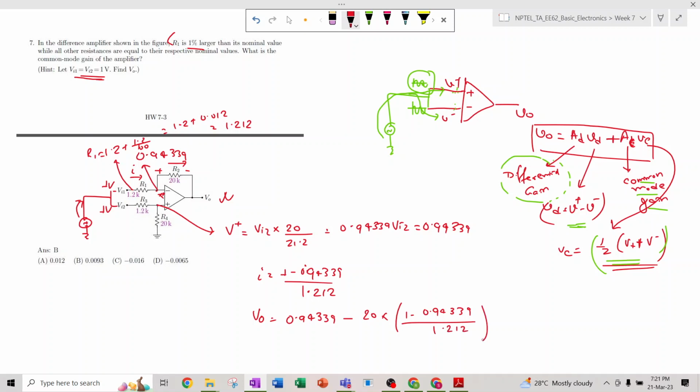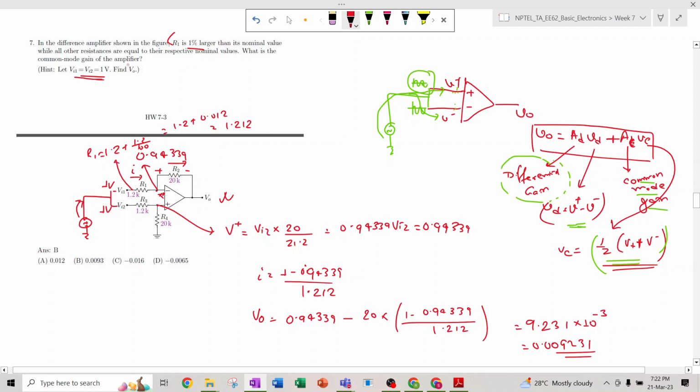So 1 minus 0.94339, divided by 1.212, multiplied with 20, and then subtracting from 0.94339, the answer is 9.231 into 10 to the power minus 3, that means 0.009231. This is the answer. This is the output VO.